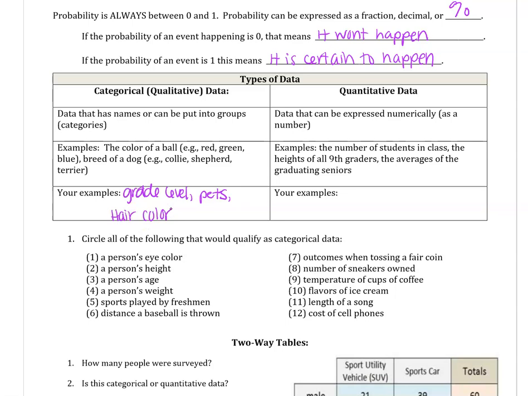Now, quantitative data is data that can be expressed numerically. For example, we could have the number of students in a class, the heights of all of our 9th graders, and the averages of graduating seniors. Those are things that are all described numerically. Another example could be age, like the average age of a group. You could have the number of cats in a household, because why not?